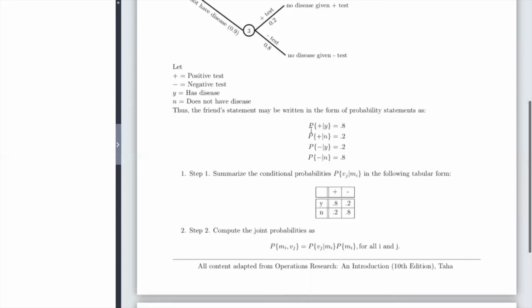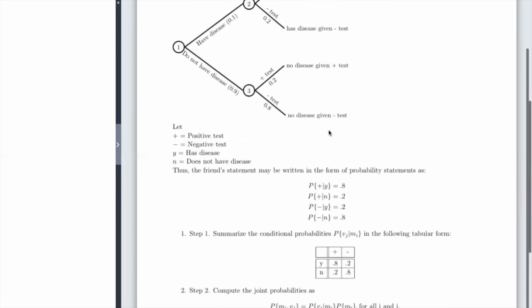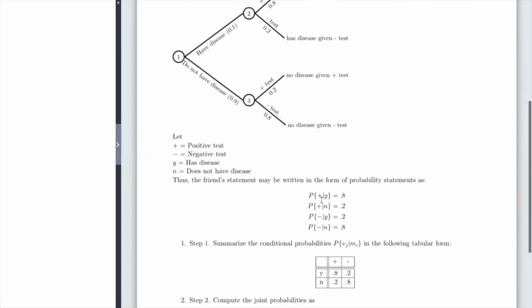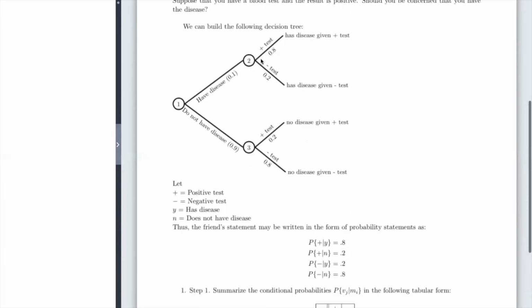What is the probability, given that you had the disease, you got a positive test, is 0.8, which would be that branch over here. The second one says you got a positive test, but you do not have the disease, which is right over here. You have a negative test, but you have the disease, would be that branch. And you do not have the disease and you got a negative test, is this branch here.